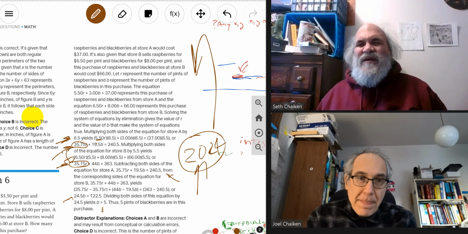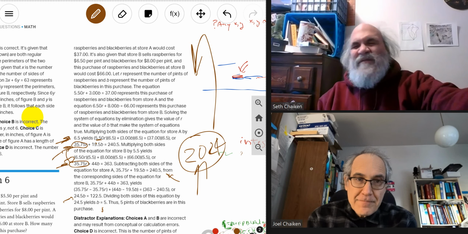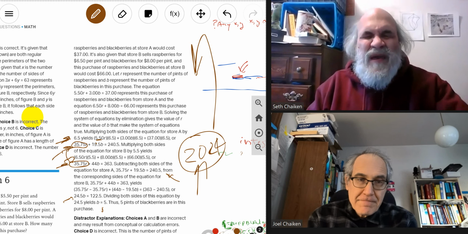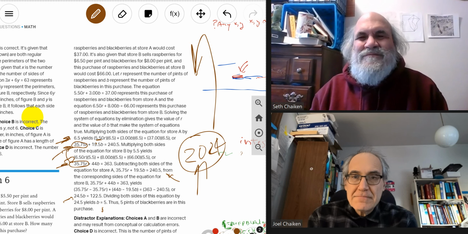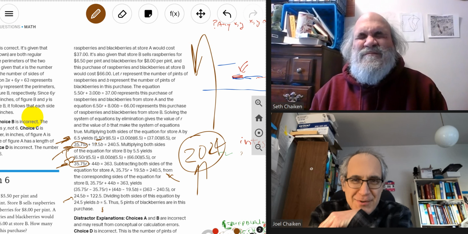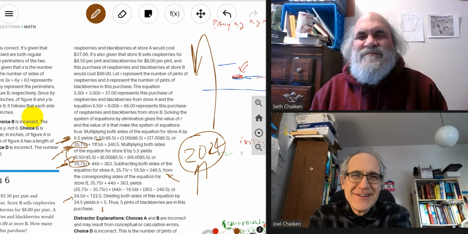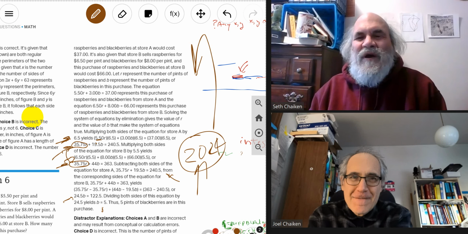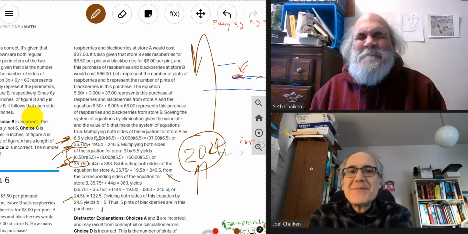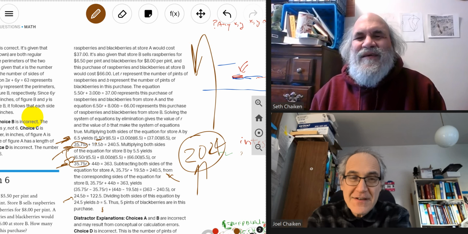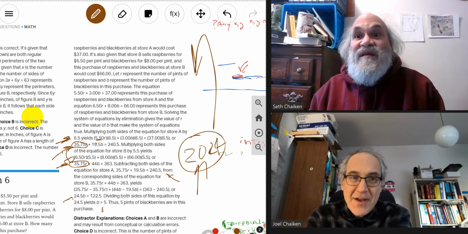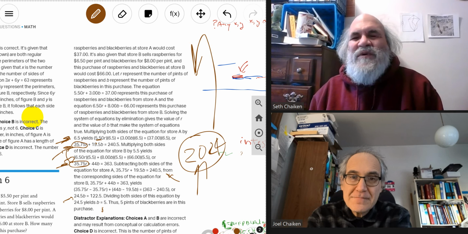I would be very upset if the new system with the computer didn't allow you to use scratch paper. Oh, wait a second. You can't do this problem without scratch paper. How could you possibly do this problem without scratch paper? Well, a few people can. But maybe you could do it with a touch screen. Maybe the scratch paper's on the computer like our thing is. Yeah, but that's hard to scribble.